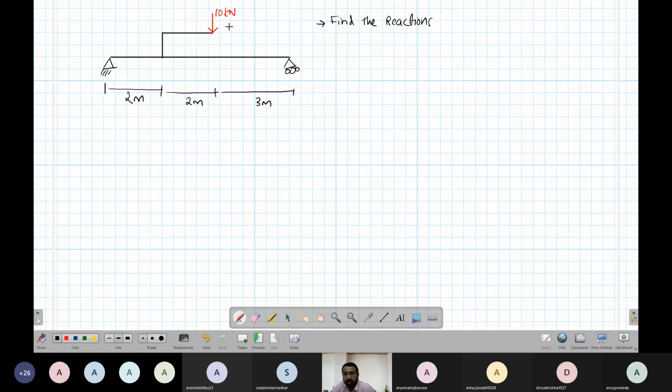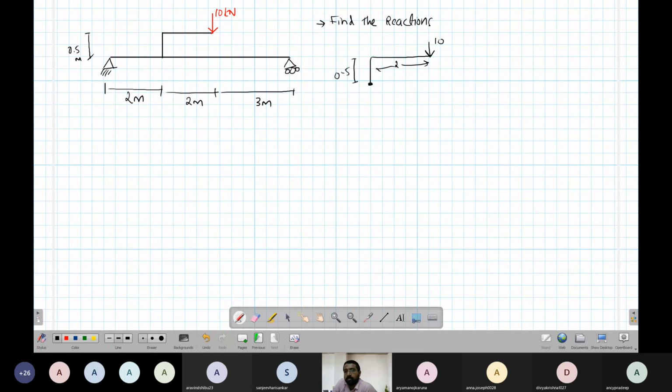This entire system can be considered as one. Another way of doing it is we can get rid of this member. Let's say this height is also given, 0.5 meters.